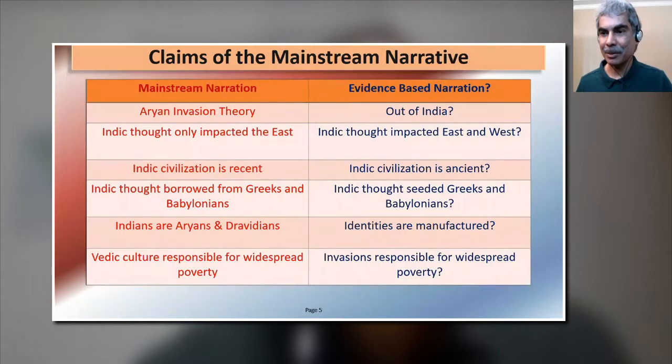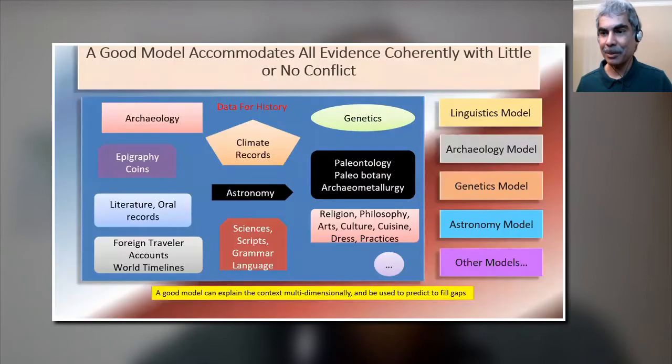They say that we are Aryans, Dravidians, and tribal people, but we can show the identities are manufactured. They also say Vedic culture is responsible for poverty, but we can show that invasions are the ones responsible for poverty.